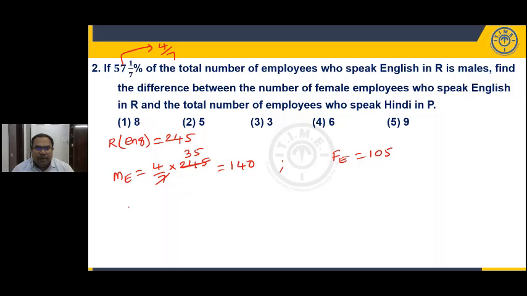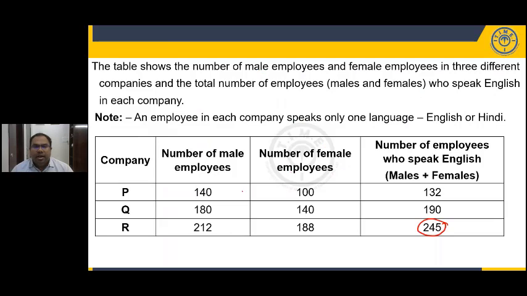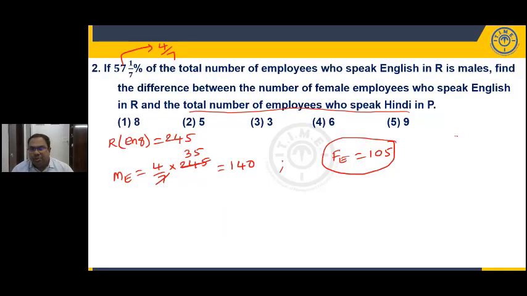Total number of employees who speak Hindi in P: total employees are 240. Out of these 240, 132 are speaking English. The difference is 108. This 108 are speaking Hindi. So P Hindi is 108. The difference between these two is 3.